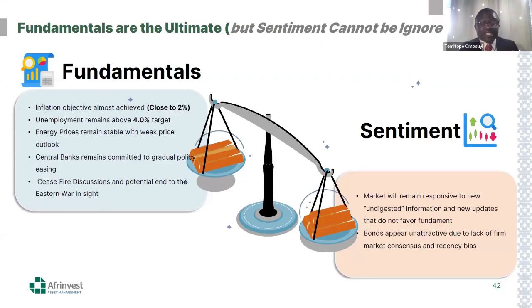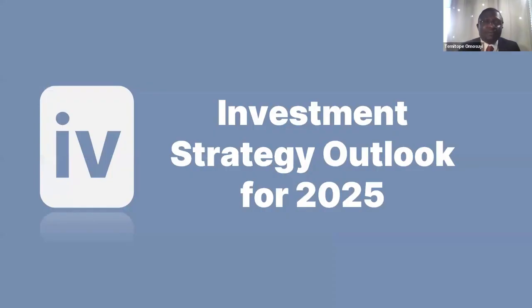So we think that the market is fundamentally mean reverting. However, sentiment would have a role to play. So for all of these, Robert will help us put them together for a specific actionable strategy to deploy in 2025.